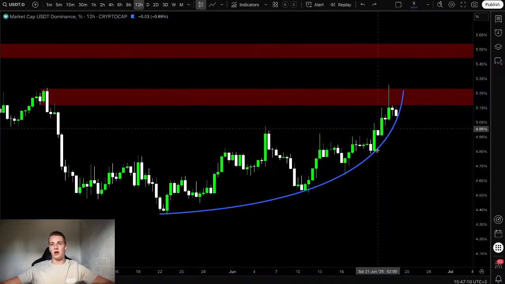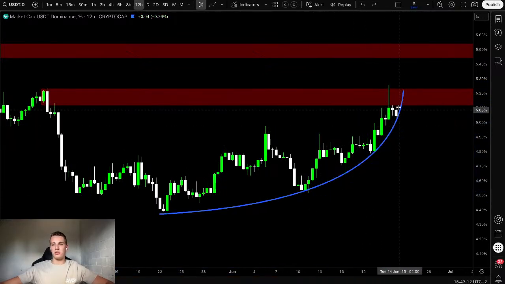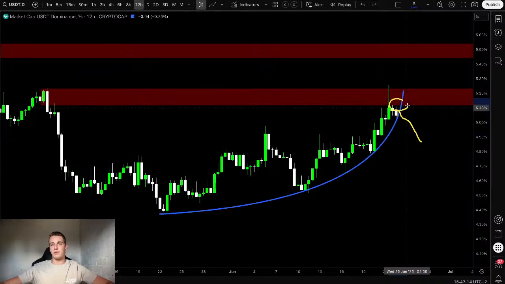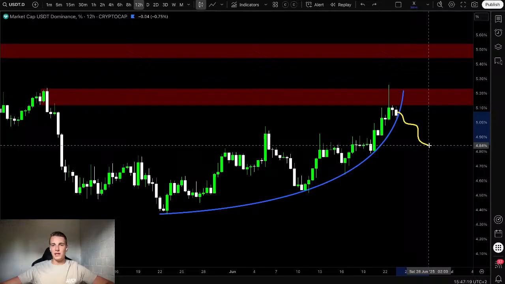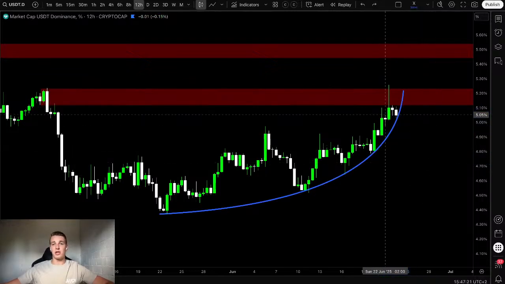And we saw a pump towards the resistance line, and now we're getting stopped by this resistance line. So that means we expect movement towards the downside, which means that money will flow out of the USDT dominance here, and which could cause a surge in price in the overall crypto market.